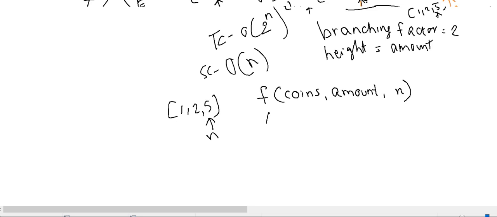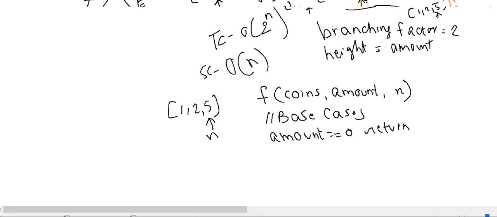Now my base cases. What are my base cases? Okay, my first base case. If I have amount of 0, that means I have a combination that adds up to that amount, so I'm going to return 1.